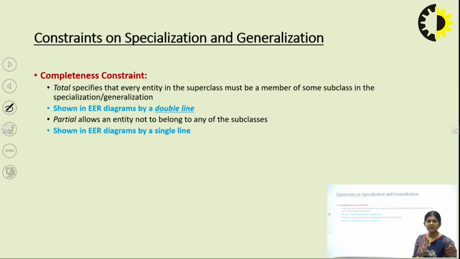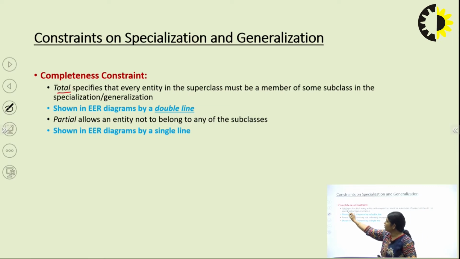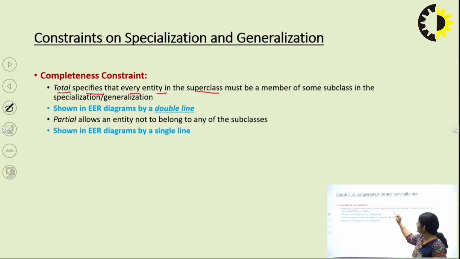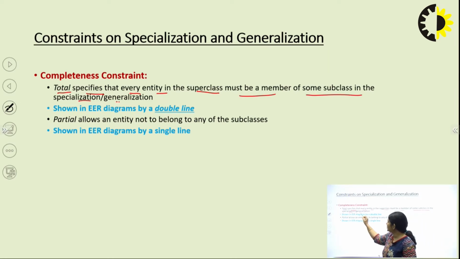Now the second constraint is the completeness constraint. Completeness is also called the total constraint. Total specifies that every entity in the superclass must be a member of some subclass in the specialization or generalization.